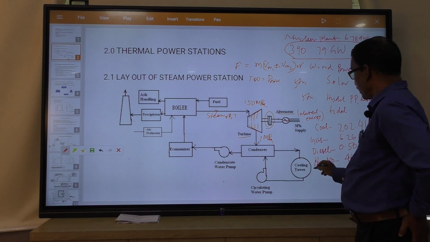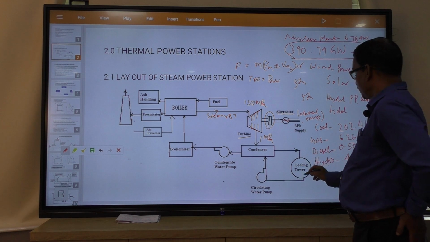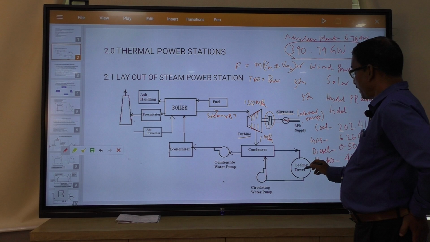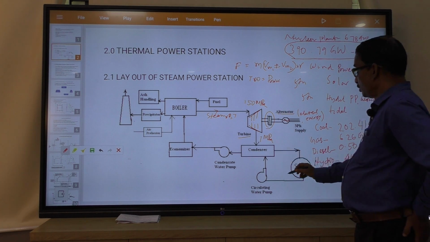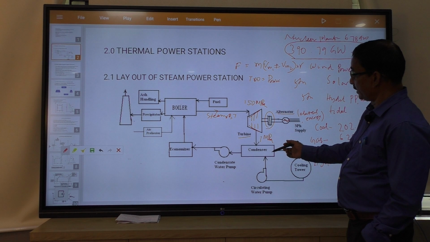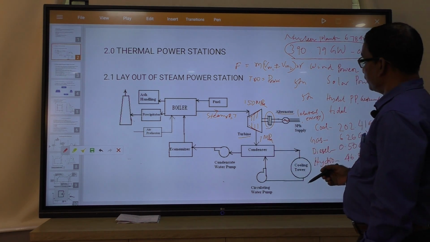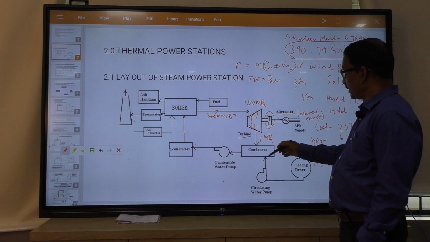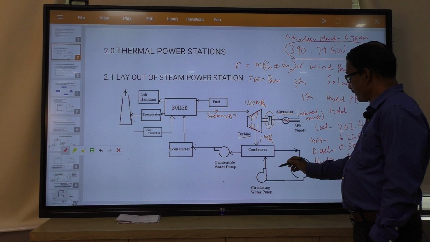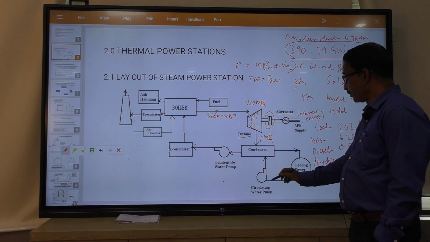You will find a cooling tower where the warm water coming from the condenser gets cooled, so that the water is reused for taking heat from the steam in the condenser. So, this is another unit, the cooling tower, and this is a circulating pump.